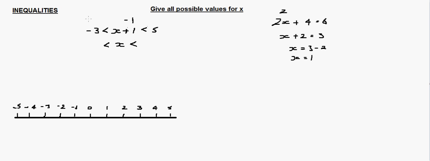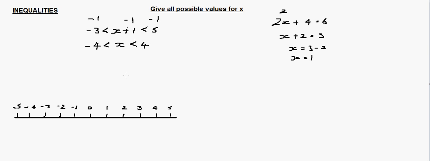So we must go minus 1 here, and we must also go minus 1 here. So minus 1 minus 3 is minus 4, and then minus 1 plus 5, or 5 minus 1, will give me 4.